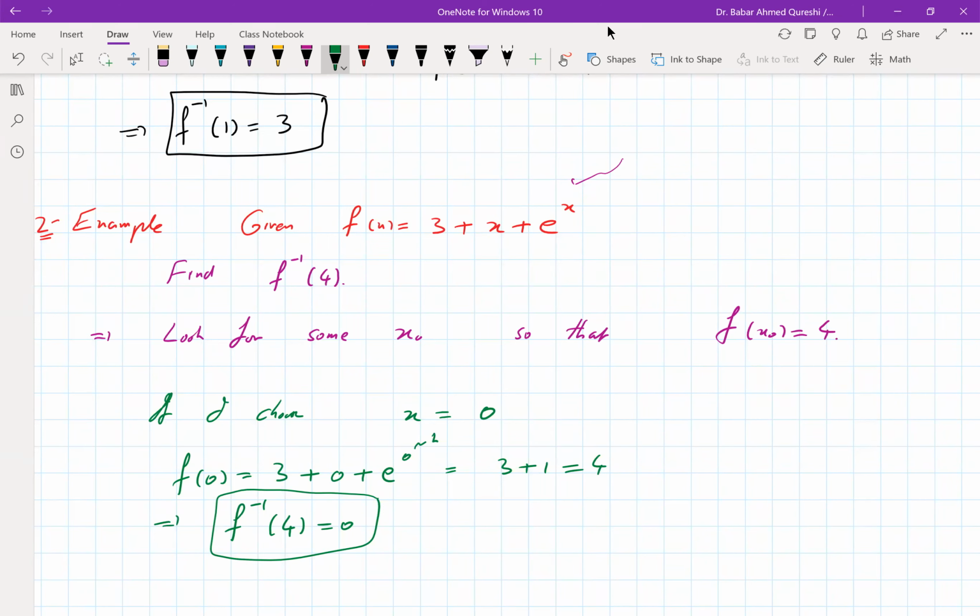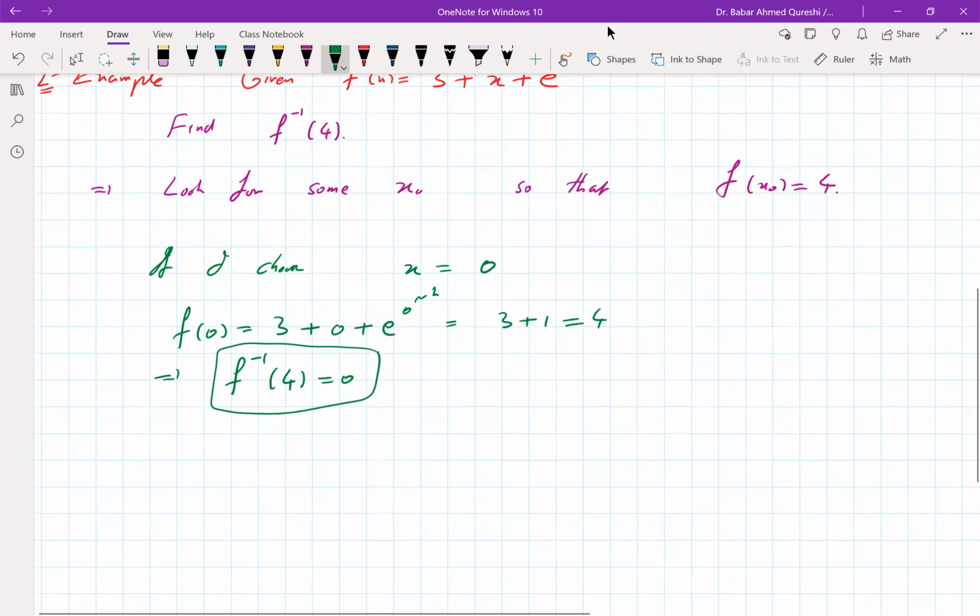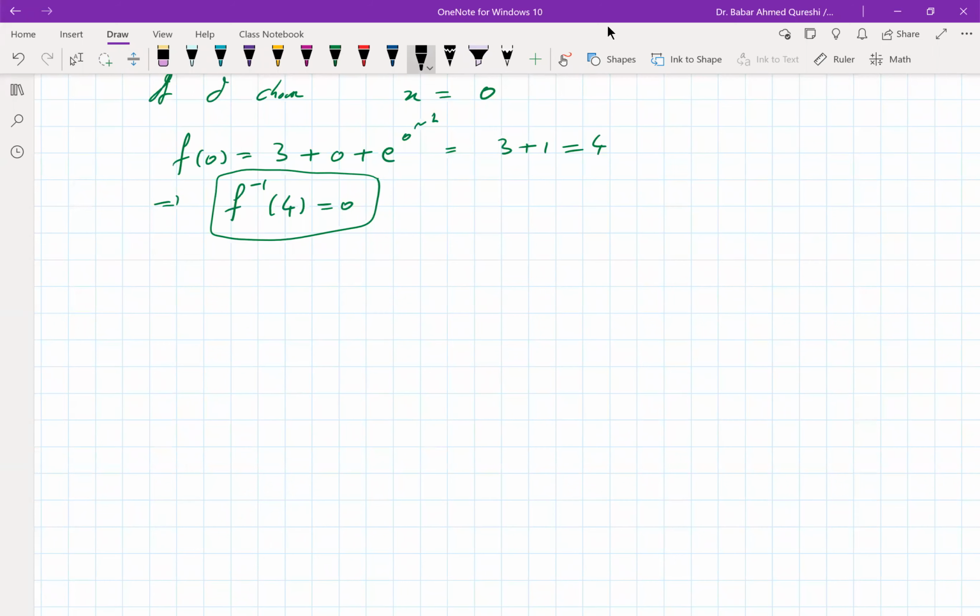Let's take some more examples. Let's do this. So you're given this graph.